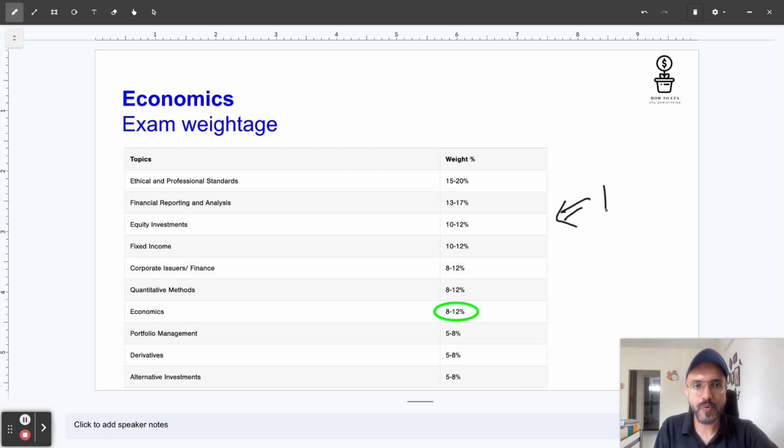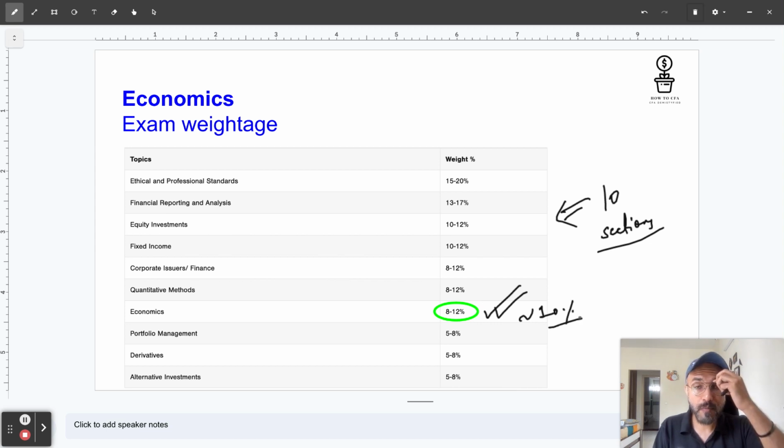Out of these, one section is economics, which is part of your tutorial session today, and it has approximately 10% kind of a weightage, 8 to 12%.